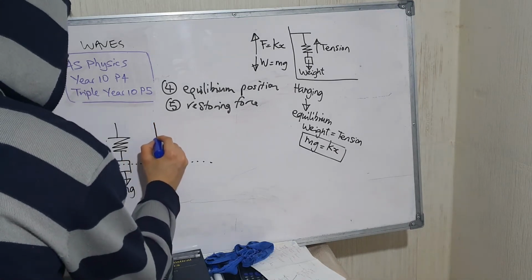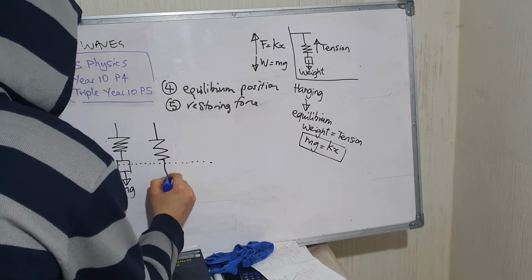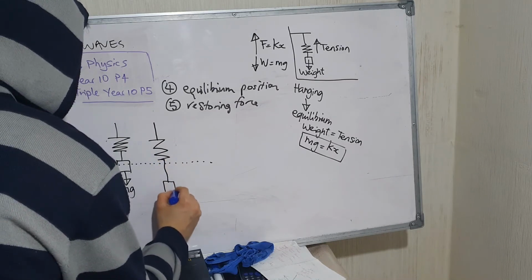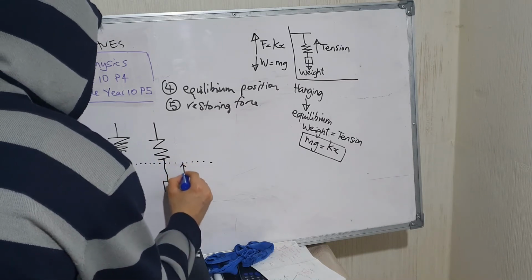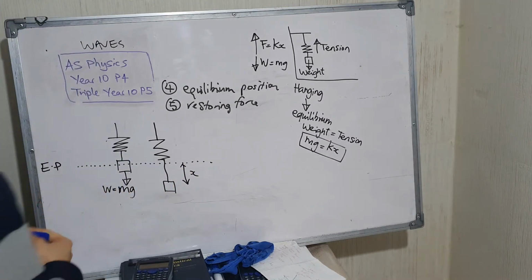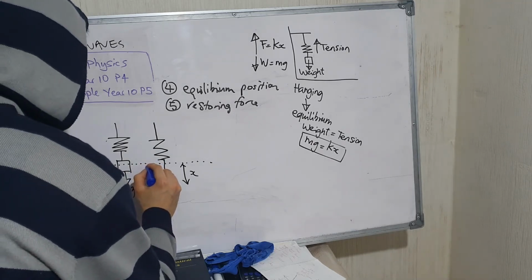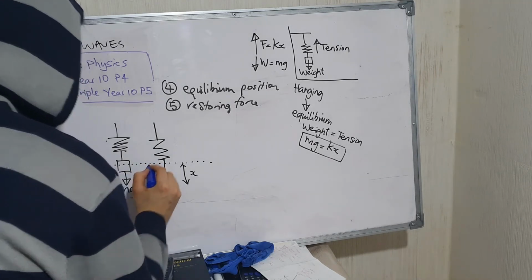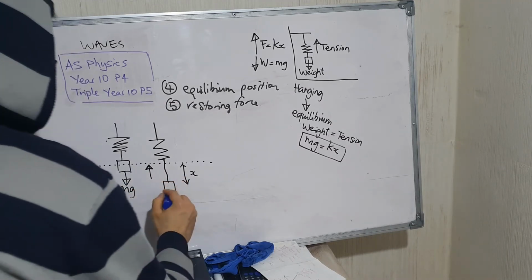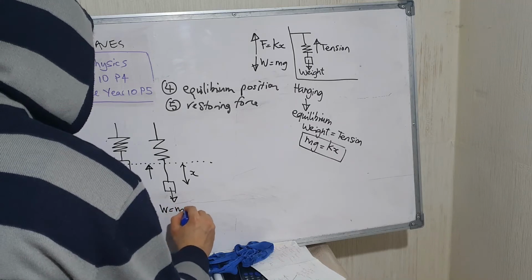Now the spring will stretch, and this is x. Okay, so the restoring force is this force pulling it back up. Because the weight is still W equals mg.